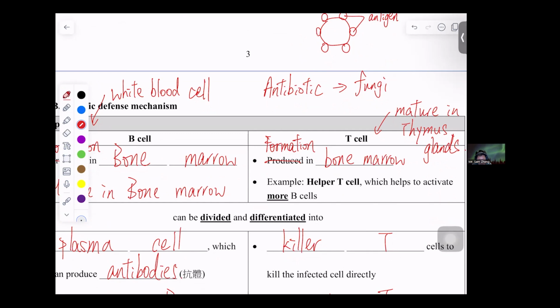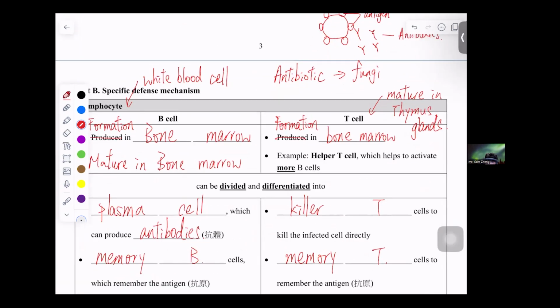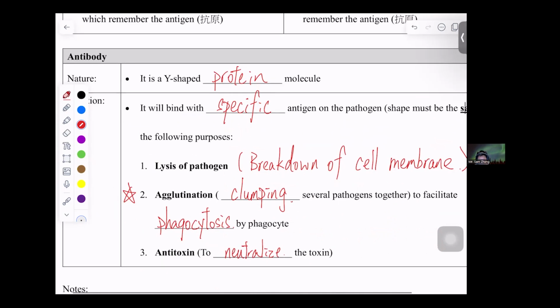Once the memory B cells and the memory T cells recognize the antigen, only the B cells will produce what we call antibodies. These antibodies are Y-shaped proteins.